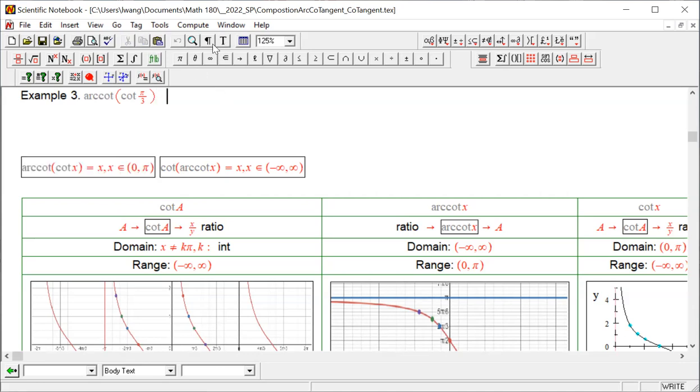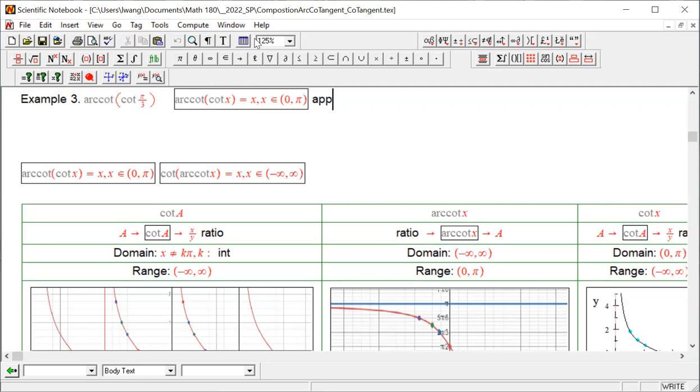Why? The same form: arc cotangent, cotangent pi over 3. If x is between 0 and pi, this identity fits, and pi over 3 is obviously in the interval 0 to pi. Therefore, the answer is just pi over 3.